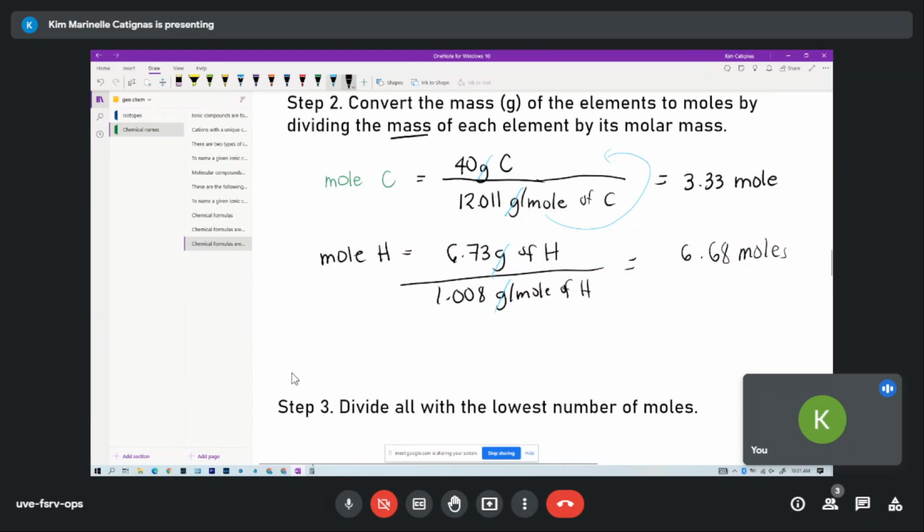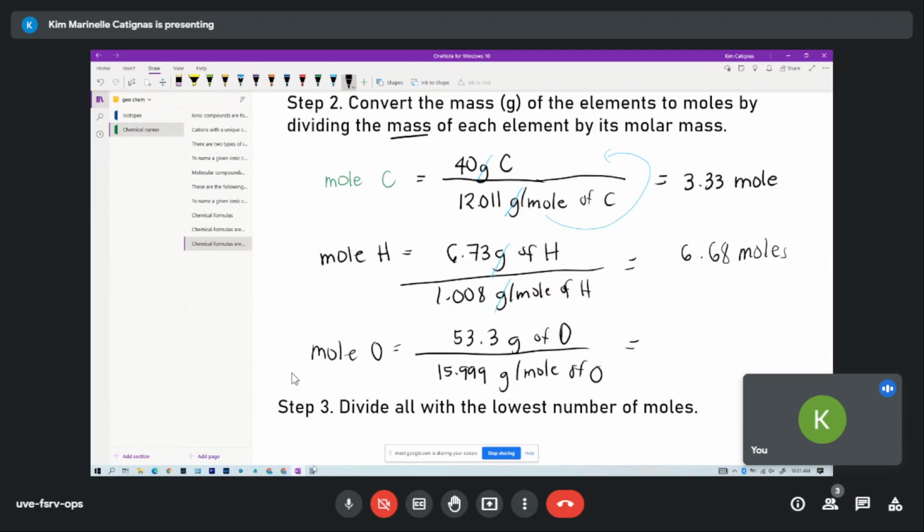Okay, yung last is yung oxygen. So, for oxygen, we have 53.3 grams of oxygen. Then, i-divide natin siya sa 15.999 grams per mole of oxygen.